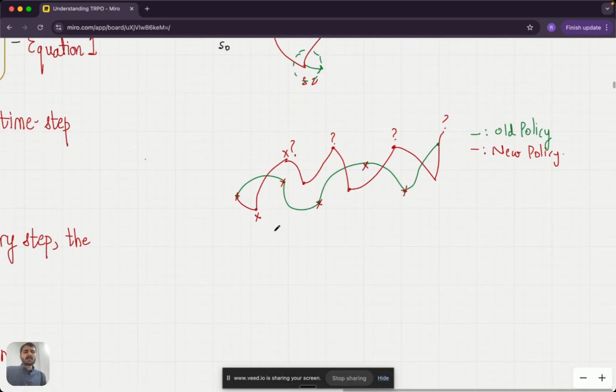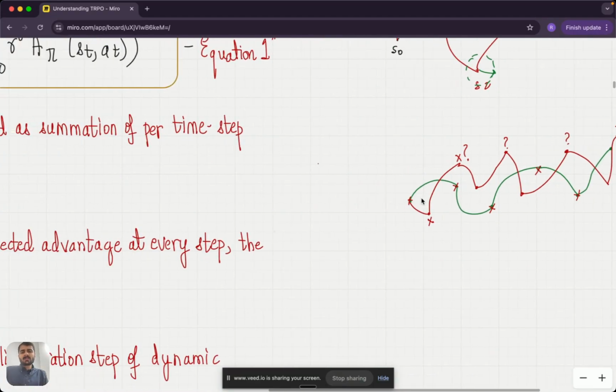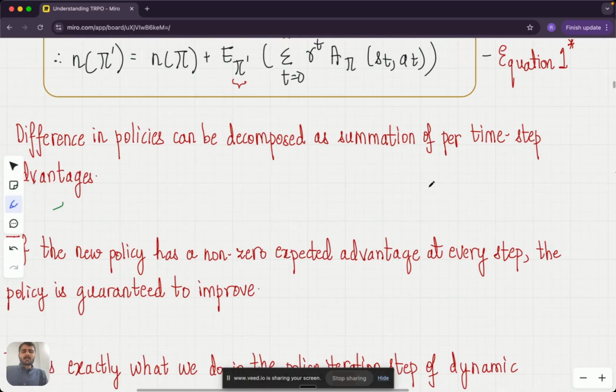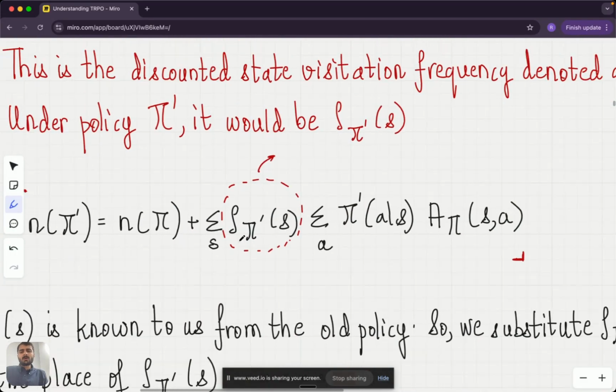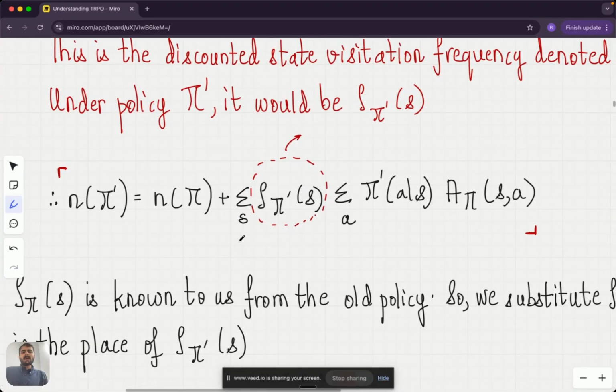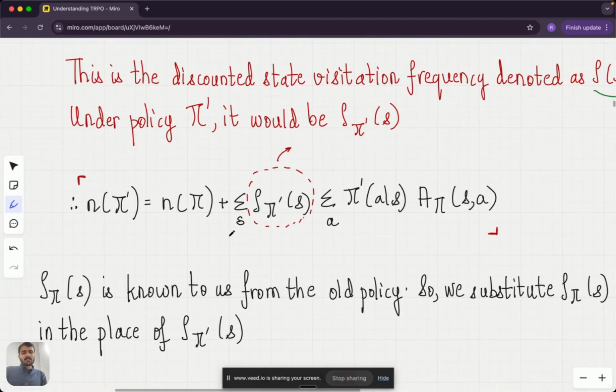As we see from this graph, we know the state visitation frequency for the old policy, which is marked in green, but we do not know how many times the agent is visiting each state for the new policy. That information is unknown to us. But as you see in this expression, that information is required. Without it, we cannot calculate how much better or worse the performance of the new policy is compared to the performance of the old policy.